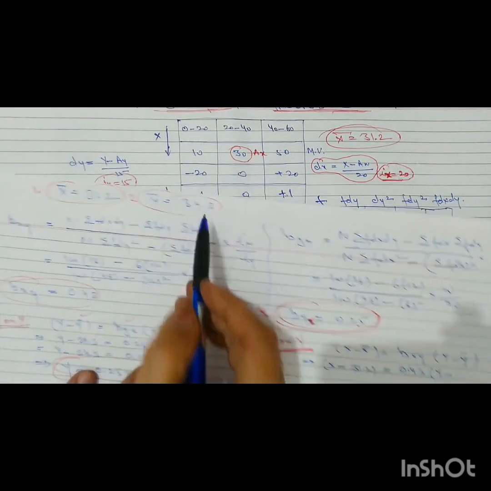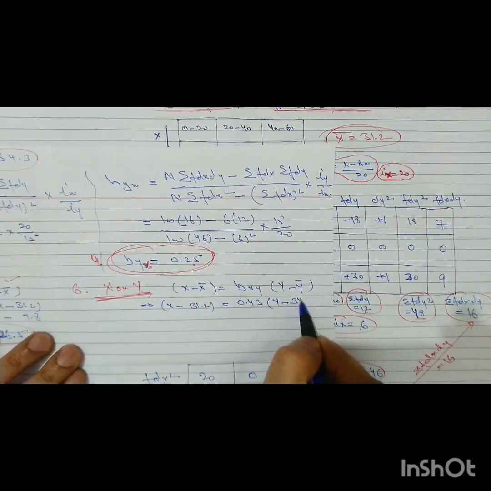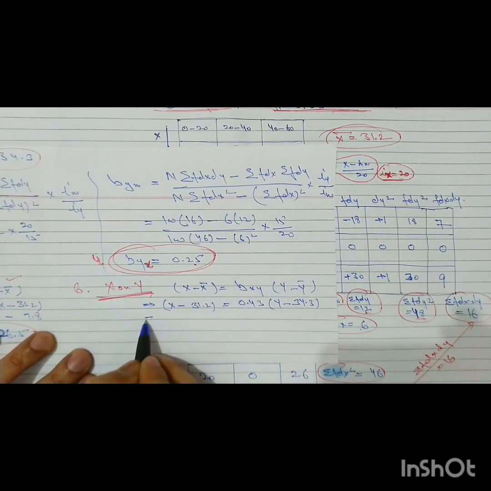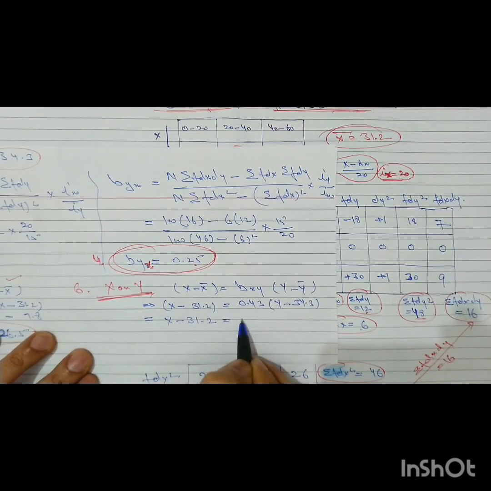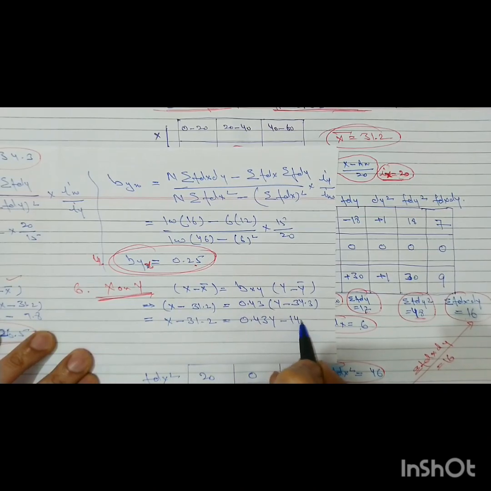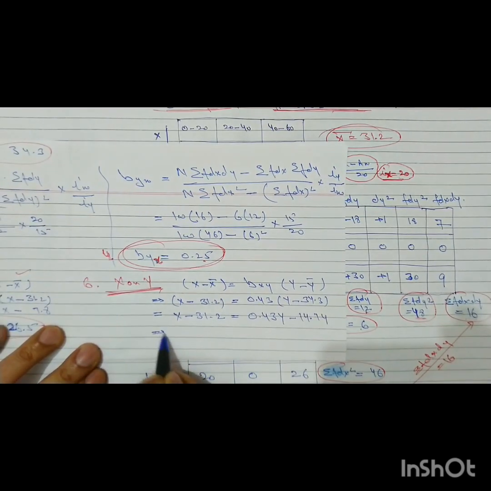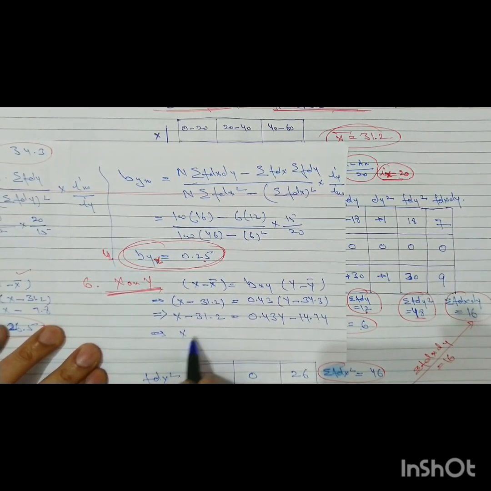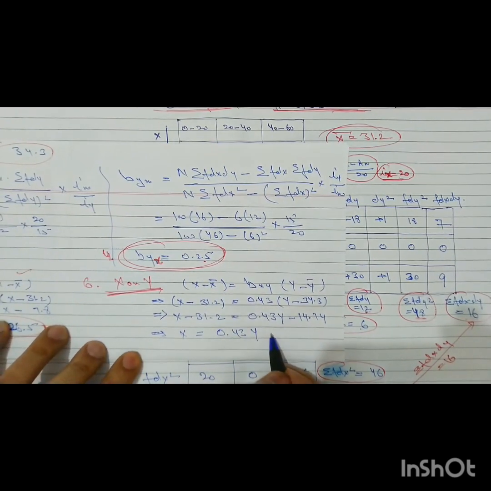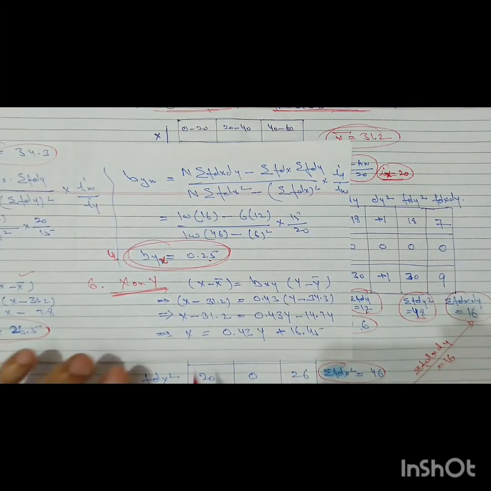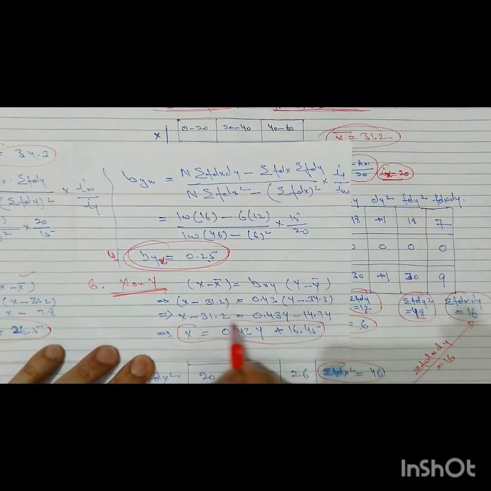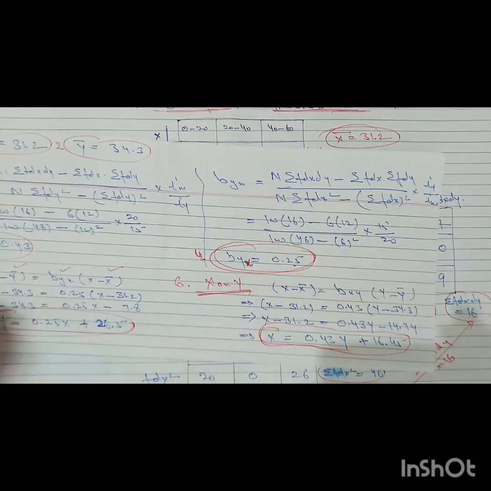Y dash is 34.3. Clear? Which means x minus 31.2 equals 0.43y minus 14.74, which implies x equals 0.43y plus 16.45. This is our regression equation x on y.